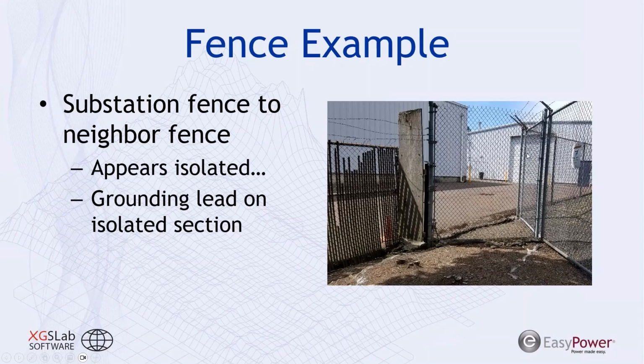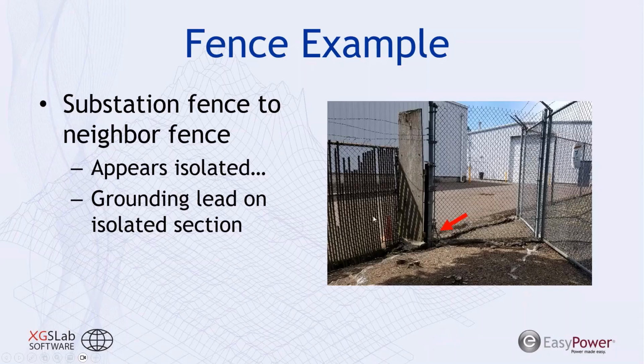However, even though this appears isolated, on closer inspection, you can actually see there's a little ground lead coming up and making contact with the far side of this support post. And that, of course, is going to be providing a direct metallic connection, or direct metallic conduction, of transfer voltages to this perimeter fence of whatever this facility may be.